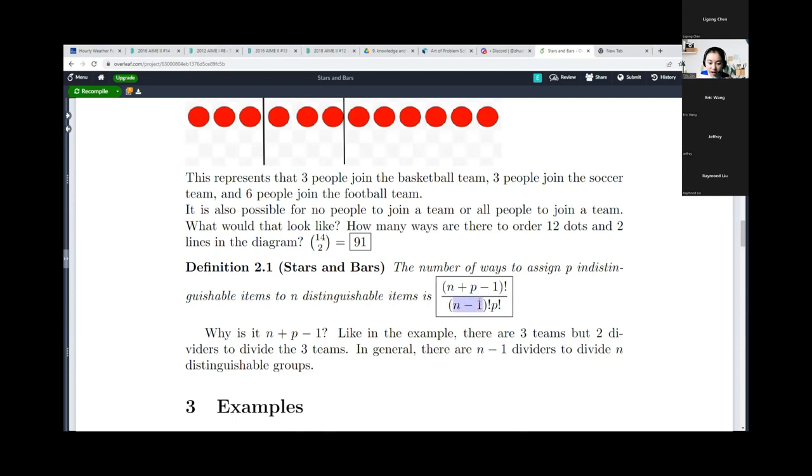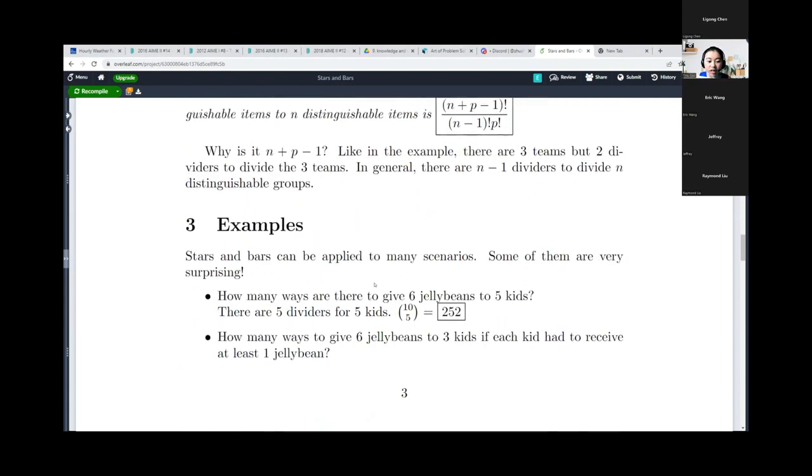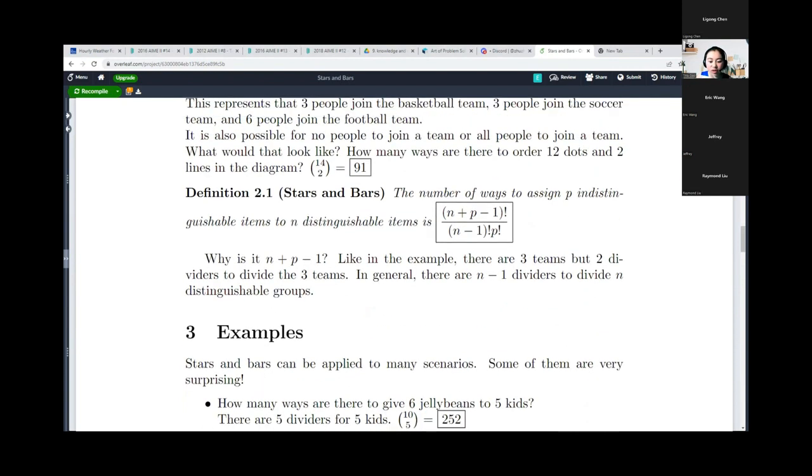And in the end, there's going to be n - 1 dividers, so we divide by (n - 1)! and P!. And now let's move on to some examples.